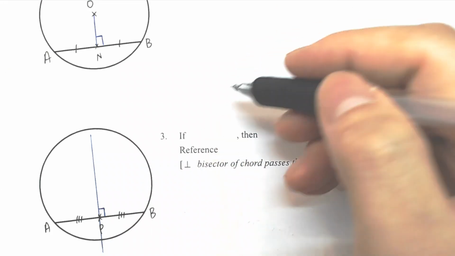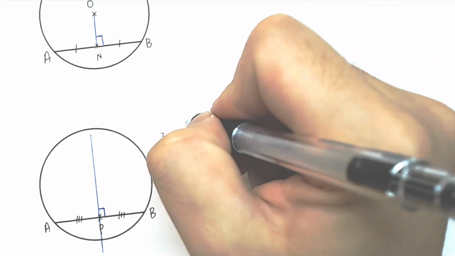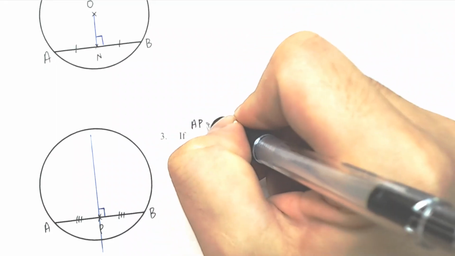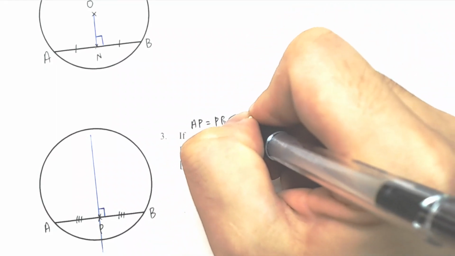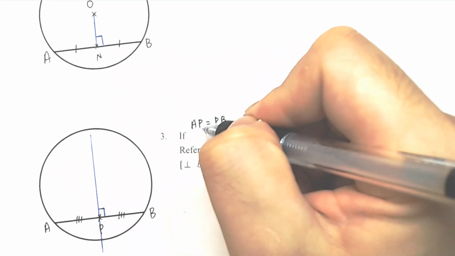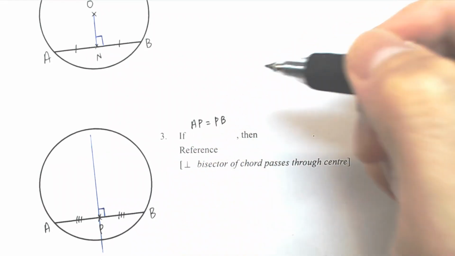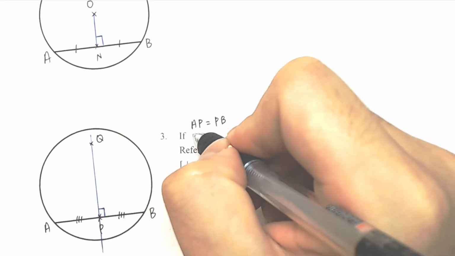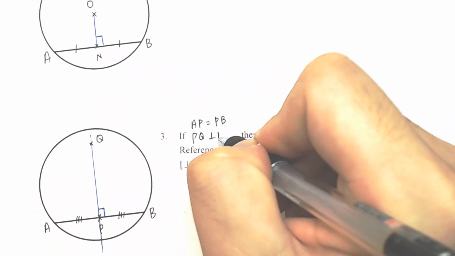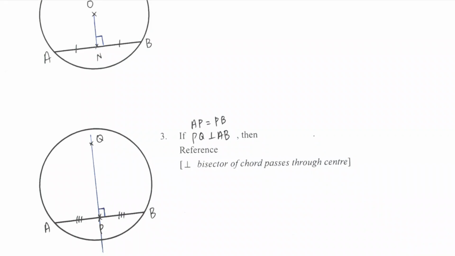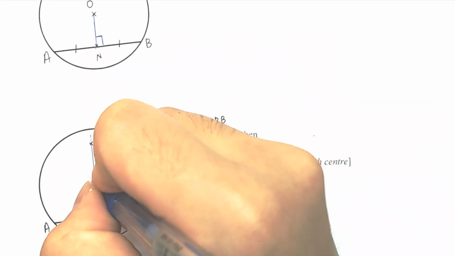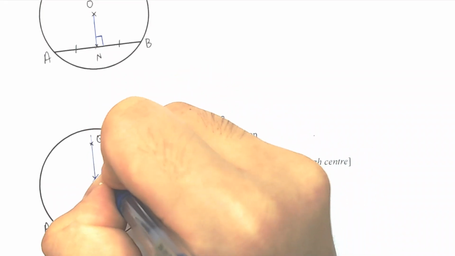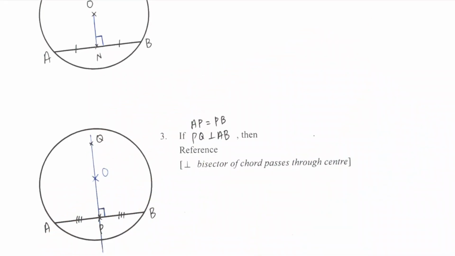If AP is equal to PB, and I mark another point Q here, and PQ is perpendicular to AB, then the center of the circle must lie on this line.